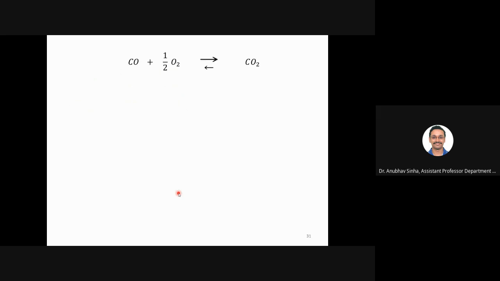So what do we do for this case? We consider this equilibrium. If I assume complete forward reaction, at the end of the reaction I will have 0 moles of CO, 0 moles of oxygen, and n moles of CO2. This is the ideal case which I want to achieve. Now let us say there is some dissociation.